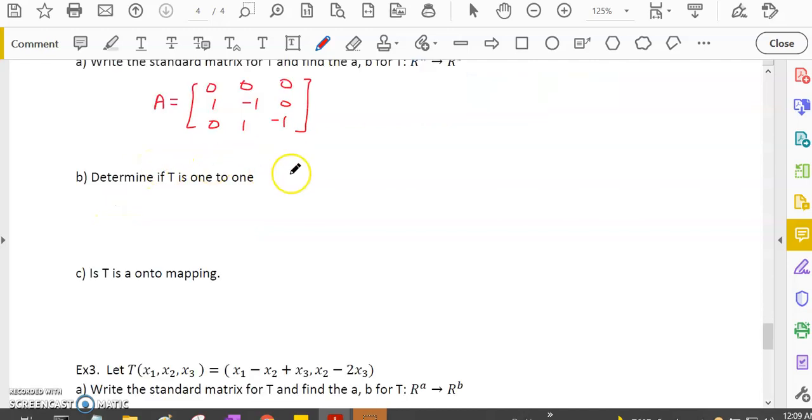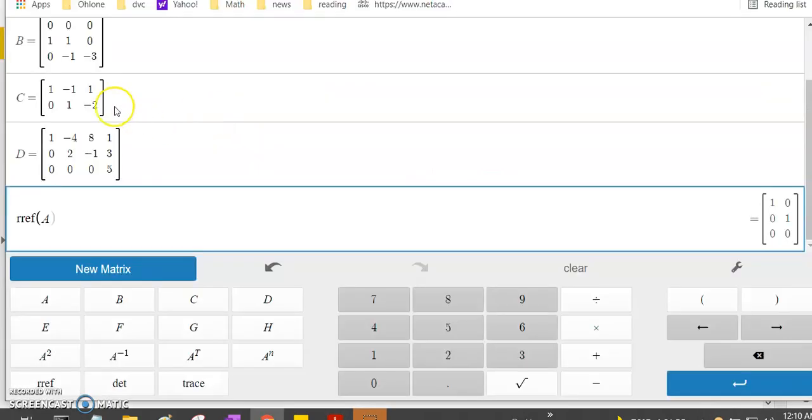Is it 1 to 1? To see 1 to 1, we would have to check if I can solve Ax equal to 0, and if there is only the trivial solution. Or I have to say if the columns are linearly independent, right? So we just have to do a reduced row echelon form: 0, 1, 0, 0, negative 1, 1, 0, 0.